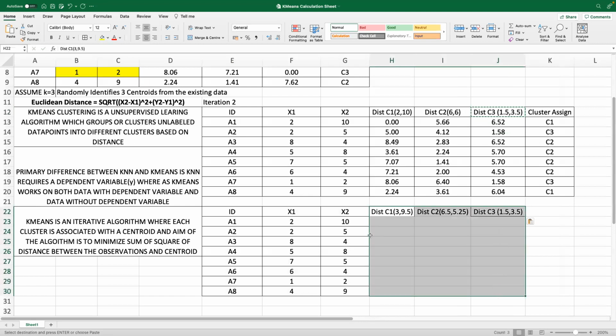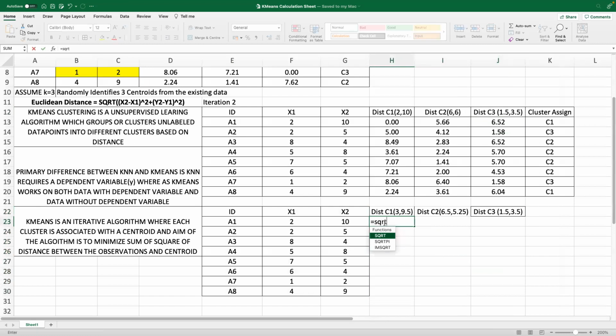So there was a change in only 2 clusters. In cluster 1, one observation moved from C2 to C1. So the distances for C1 and C2 will change. Now, equal to SQRT, open two brackets, 3 minus this to the power of 2, plus open bracket 9.5 minus this to the power of 2, close bracket, and you drag the formula till here.